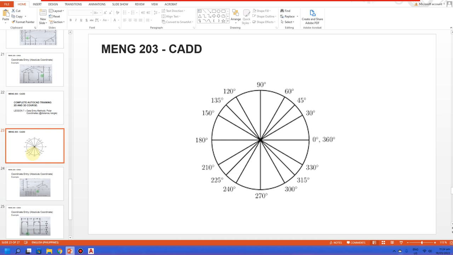Okay, shown on your screen are the values of angles in a circle, or these are the values that we are going to use when we are using polar coordinates.